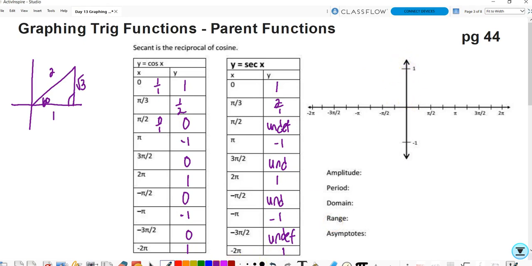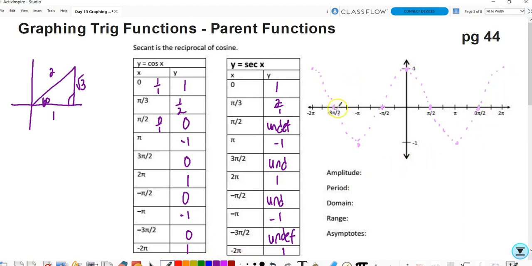So I'm going to dash my cosine function again, kind of like I did sine. So that was 0, like this. So I'm going to picture this cosine function. And you can dash that on yours if you'd like.